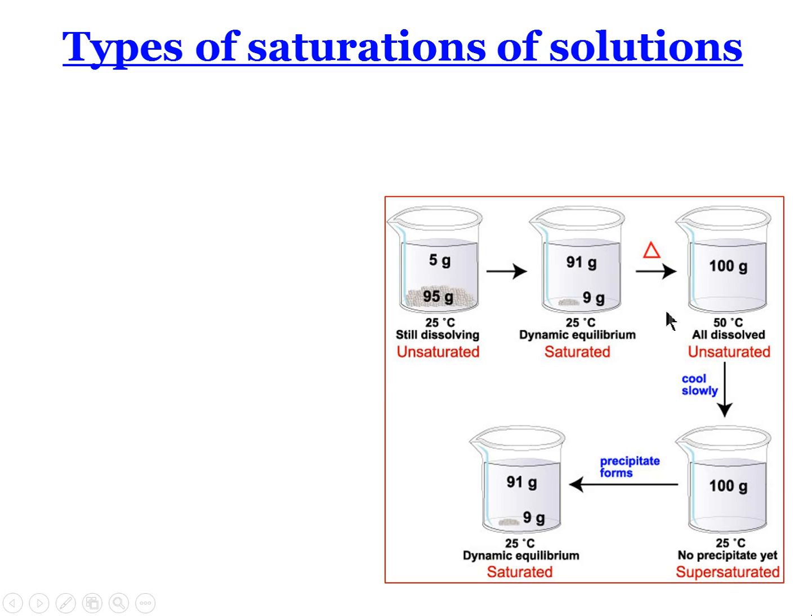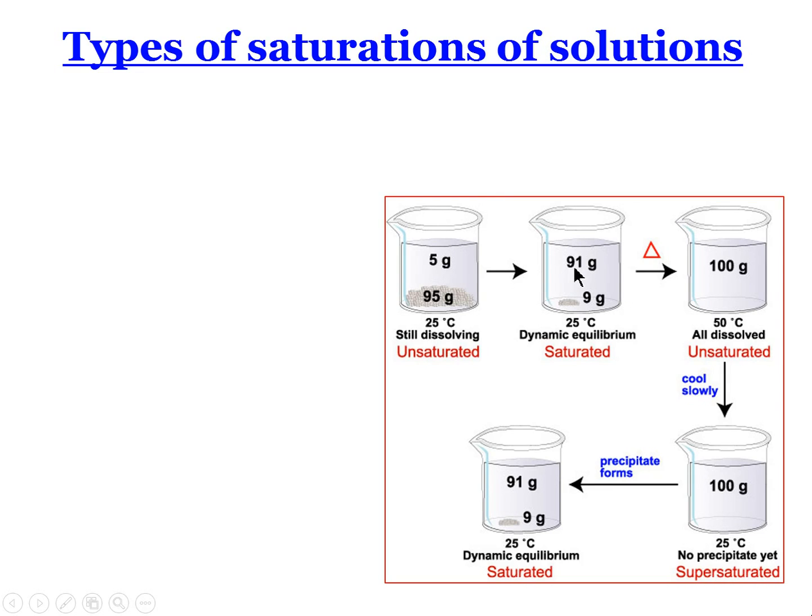We heat the solution to 50 degrees, and we observe that these 9 grams precipitated are dissolved in the solution, and we have practically 100 grams of NaCl that is completely dissolved. We cool down the solution from 50 degrees to 25 degrees, and we observe that we have 100 grams of NaCl that is dissolved in the volume of the solvent.